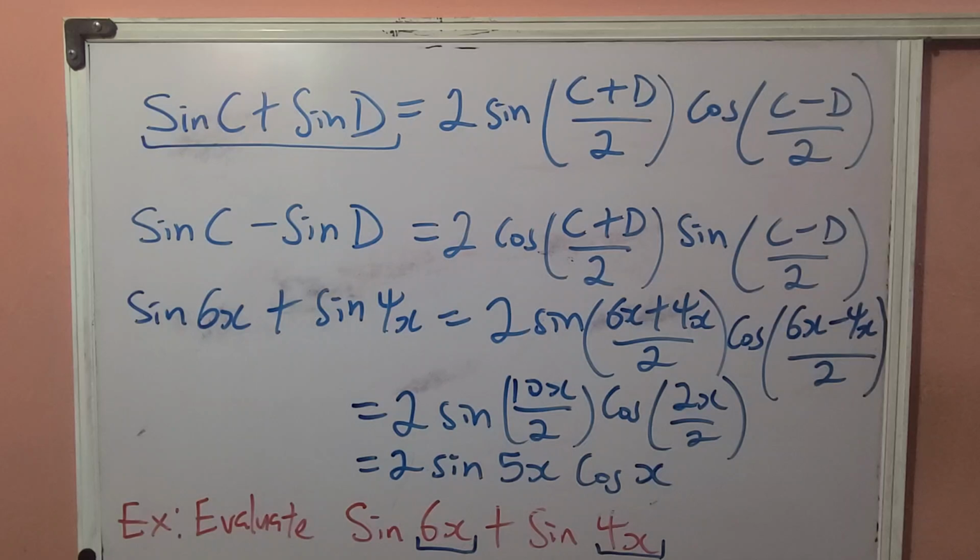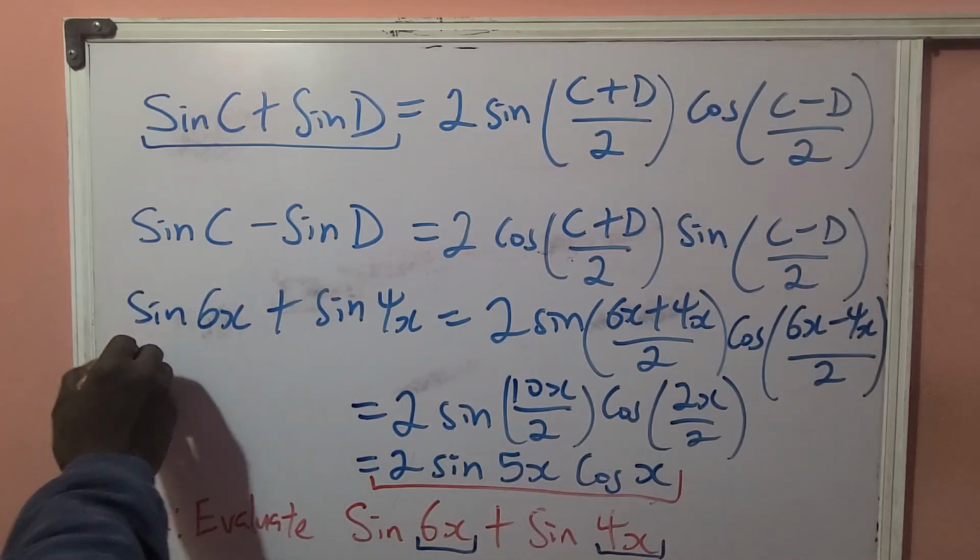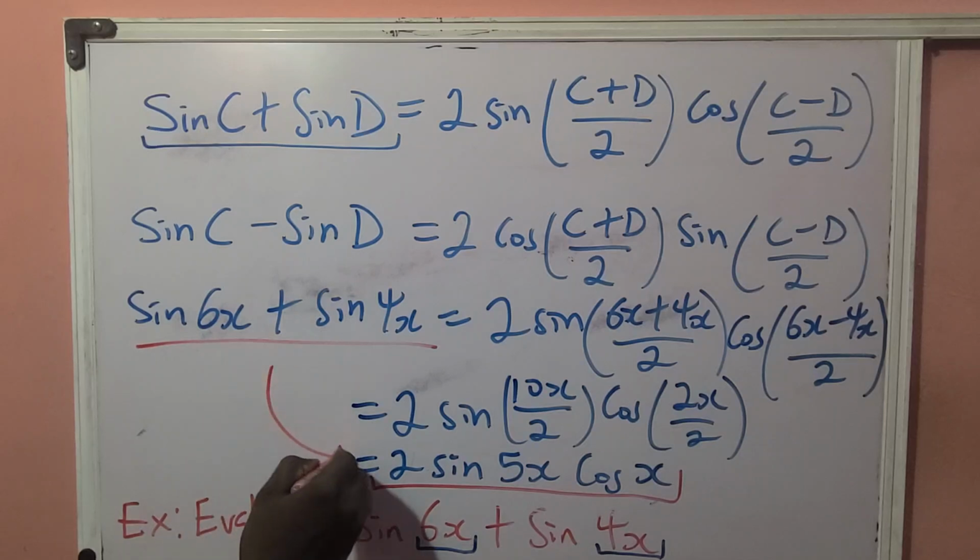And this gives us the final answer for this particular question. So that means we can conclude that the sine of 6x plus 4x is equals to what we have here. This is the way you solve situations like this. Let's see a different example.